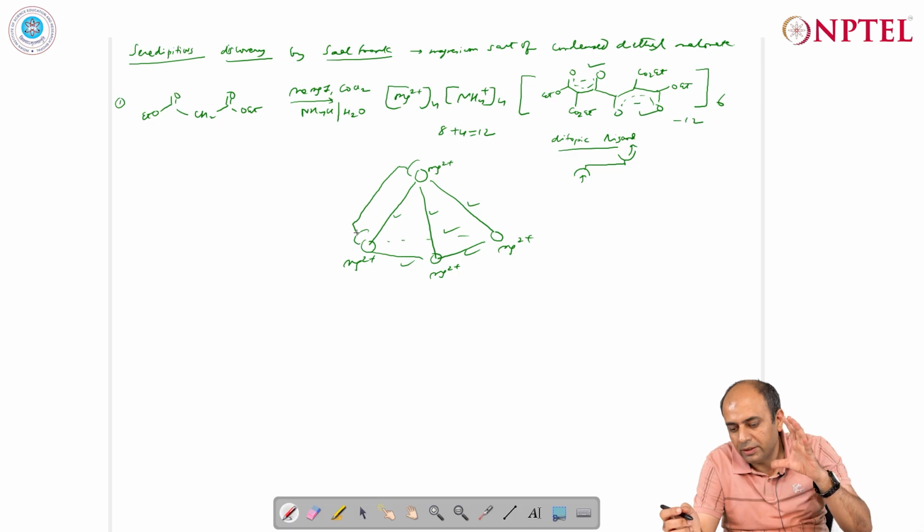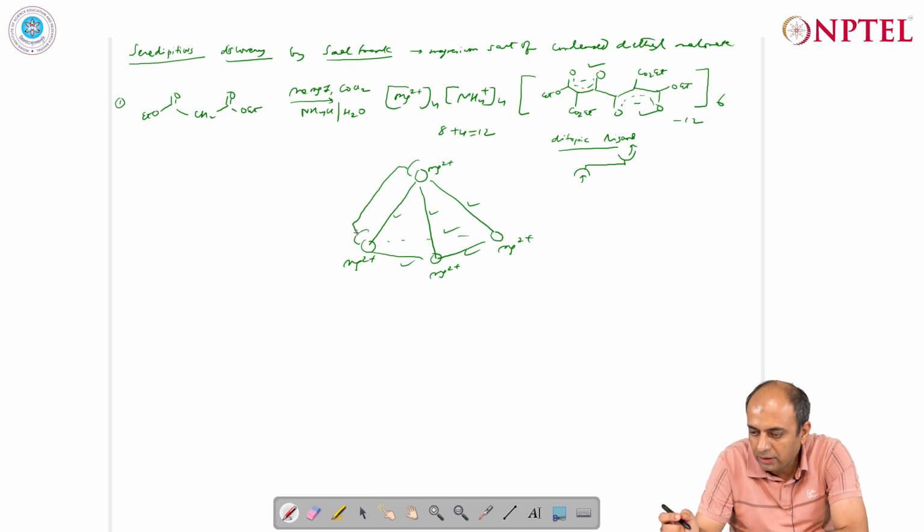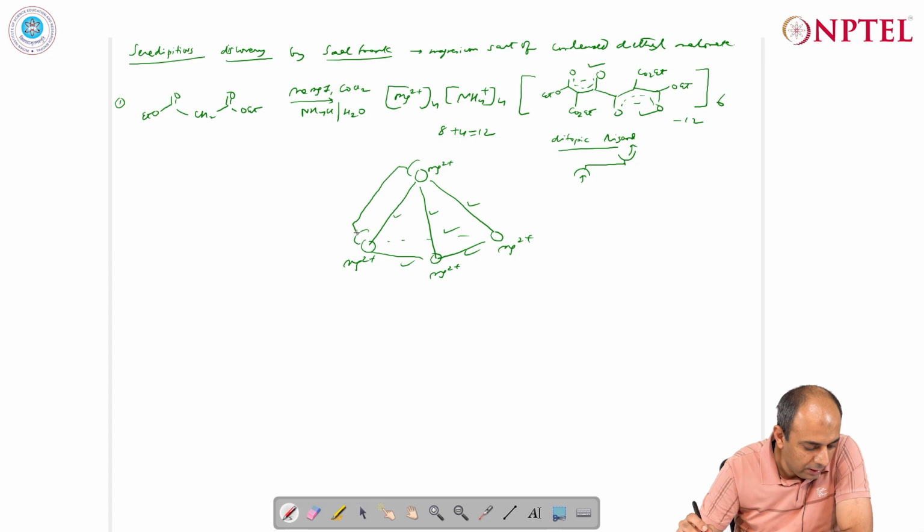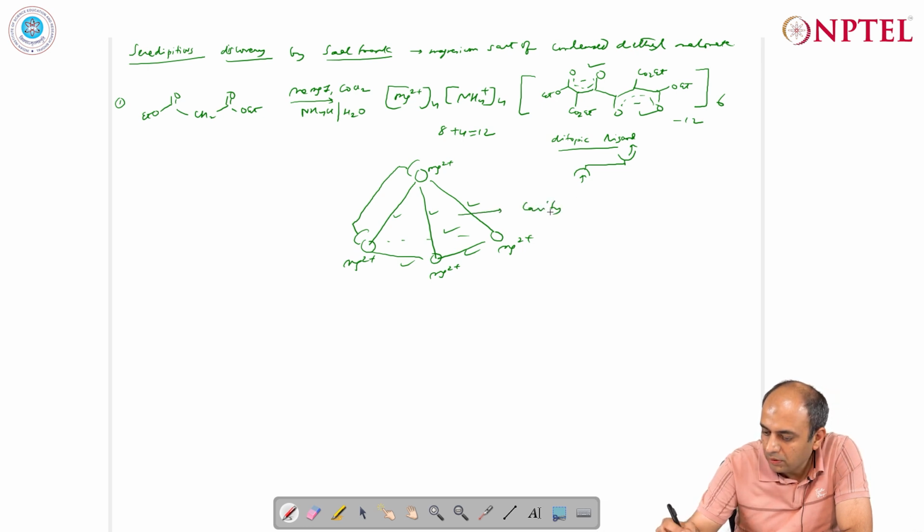So, the ditopic ligand sits with the corresponding magnesium centers. So, these are the tetrahedral coordination environments around every magnesium atom. So now you see that there is a cavity inside, and this can be used for encapsulation of molecules.